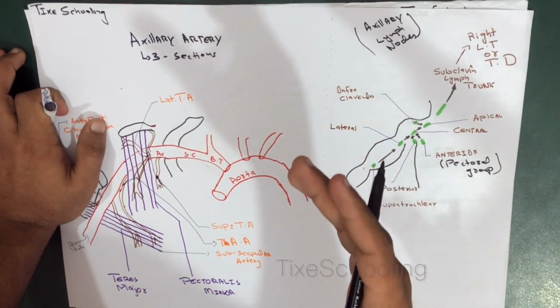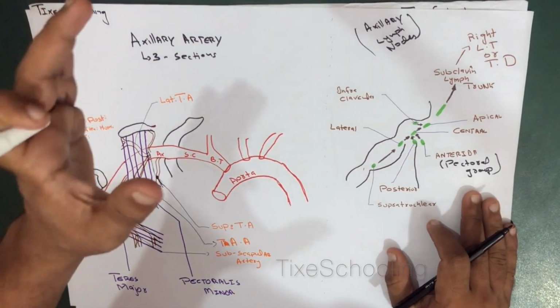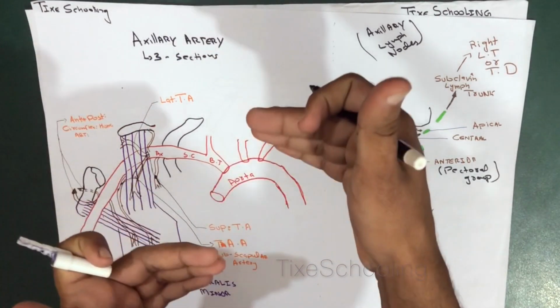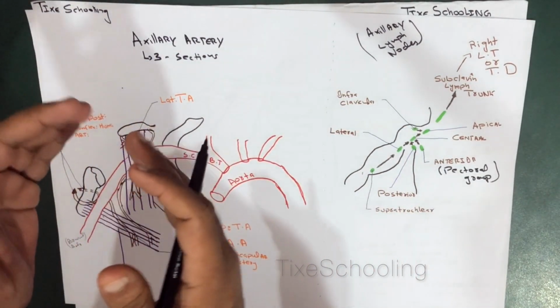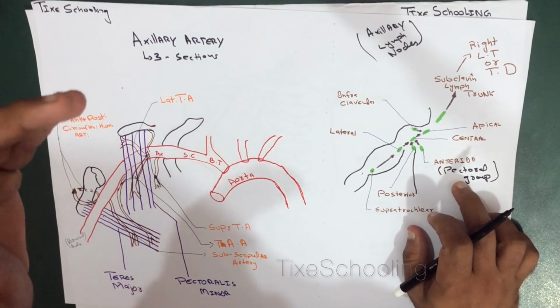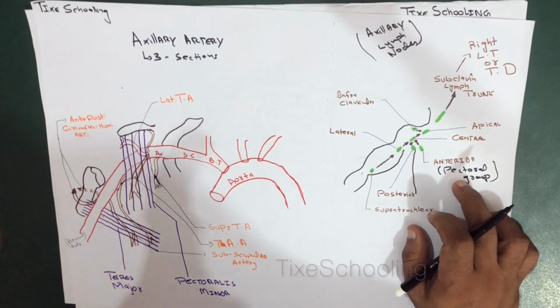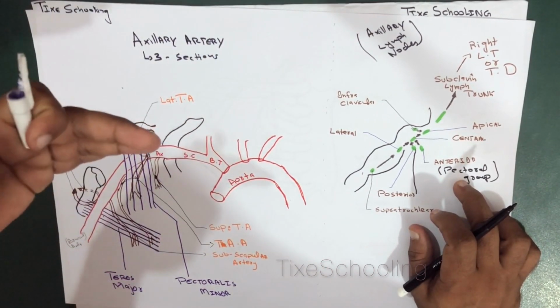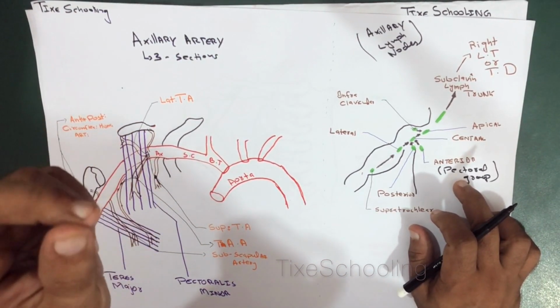What does that mean, anterior aspect? Anterior means the front side, lateral means on your side. So this lymph node group, called the anterior pectoral group, is going to draw lymph from the anterolateral aspect of your abdominal wall, which is superior to the umbilicus.